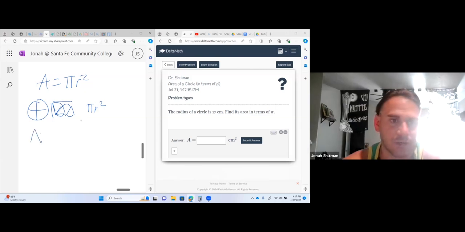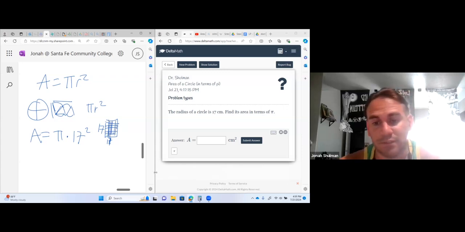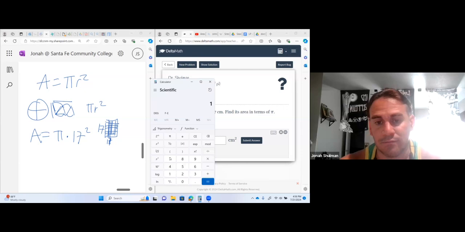So area equals pi r squared. We got the radius. So area equals pi times 17 squared. 17 squared is not 17 times 2. It's 17 times 17. And that's what gives you this piece. 289.